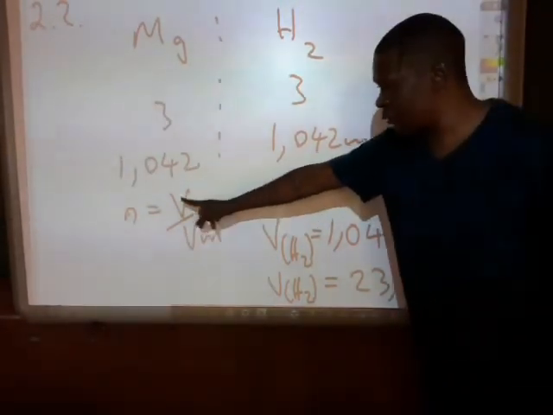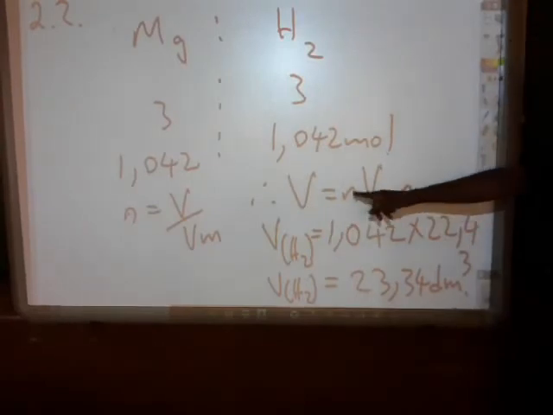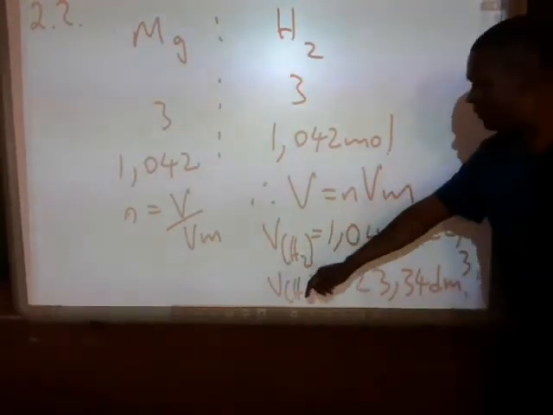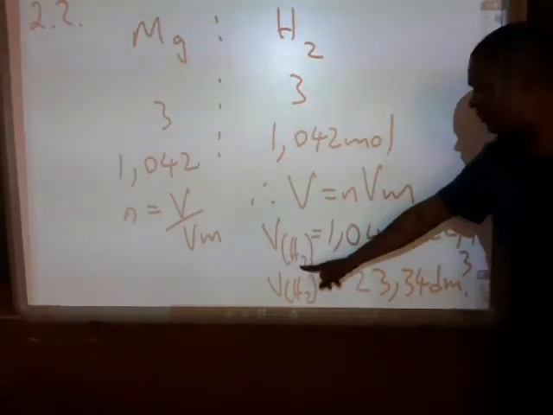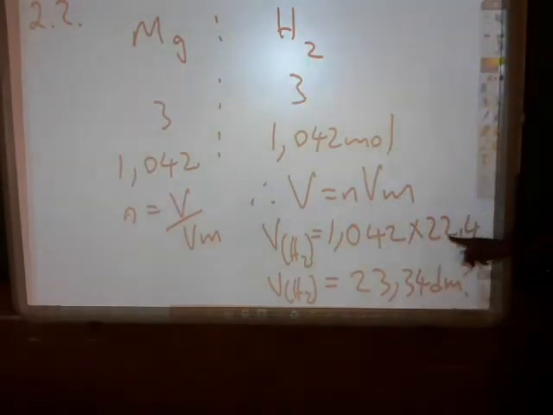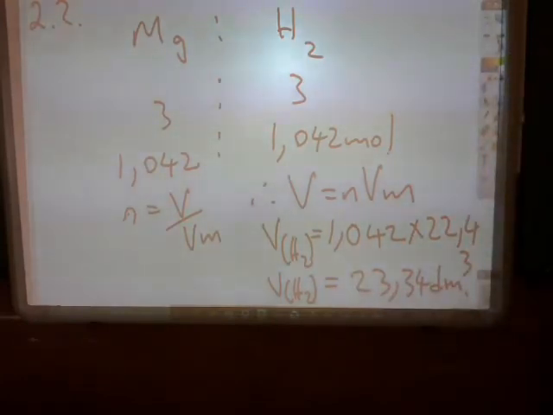If you make V the subject of the formula, your volume is equal to number of moles times molar volume. So the maximum yield of hydrogen, the theoretical yield, is equal to 1,042 times 22.4, and the final answer is 23.34 cubic decimeters, which is the theoretical yield as given in cubic decimeters.